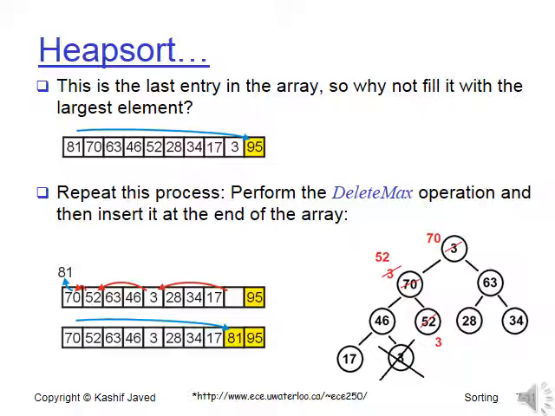We delete leaf node number 3 and put number 3 into the root node. 3 once at the root node will get swapped by number 70 since 70 is larger than 63. Number 3 once again will be swapped by 52 since 52 is larger than 46.